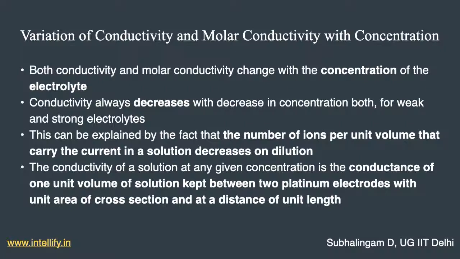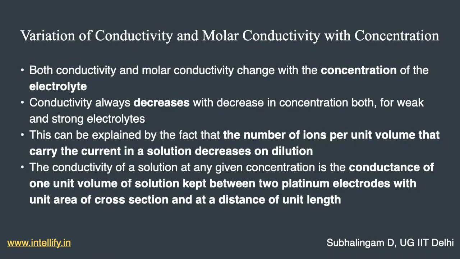The conductivity of a solution at any given concentration is the conductance of 1 unit volume of solution kept between two platinum electrodes with unit area of cross section and at a distance of unit length.